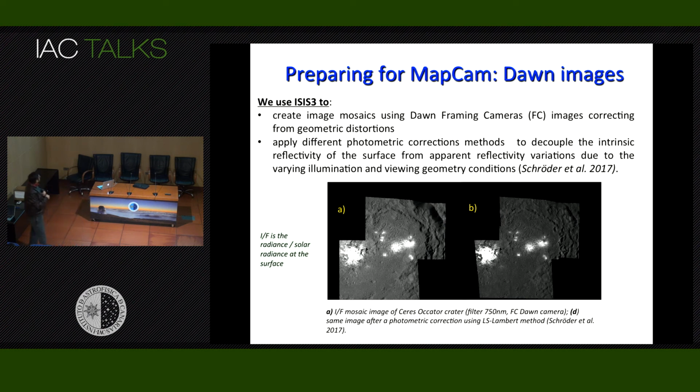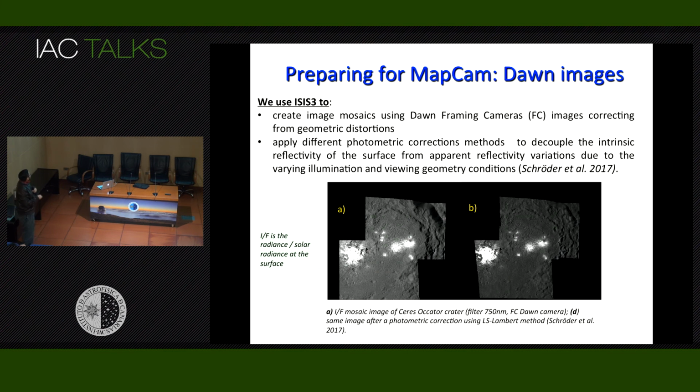For example, here we combine two images that are observed in different geometric conditions. So you need some software, and there is a software used by the spacecraft that corrects for geometric variation, but for doing that you need a very accurate shape model, right?